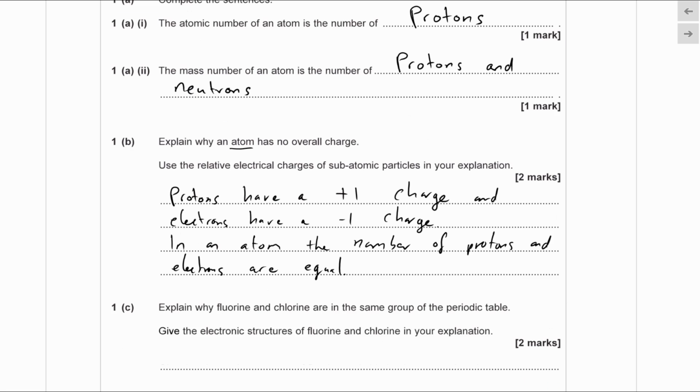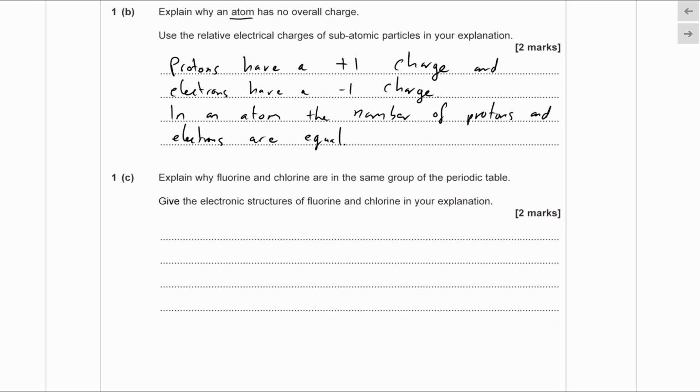Alright, so next question. It says, explain why fluorine and chlorine are in the same group of the periodic table, giving the electronic structures of both in your explanation. Okay, so first of all, I'm going to say that fluorine has electronic structure. Now, you get a periodic table in the exam, so you could just check this, but it has the electronic structure 2, 7, right?